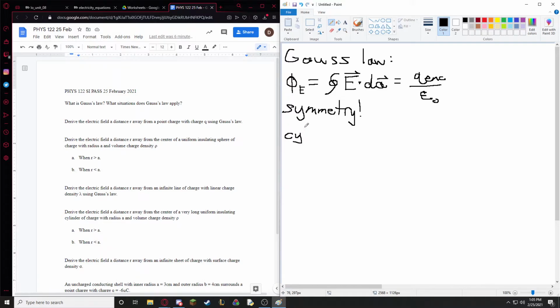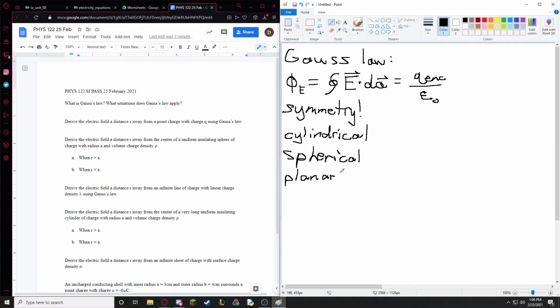With a C. Cylindrical. Is it the spherical? Spherical, yep. And planar. Exactly. Cylindrical, spherical, and planar. So those are our three types of symmetries where we're able to use Gauss's law to calculate electric fields.